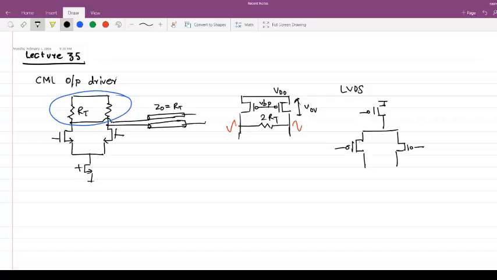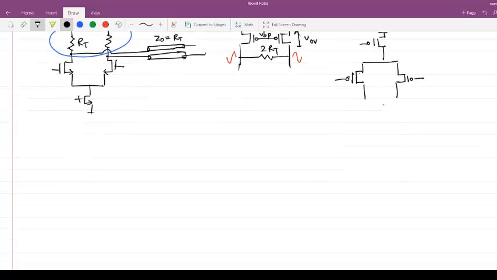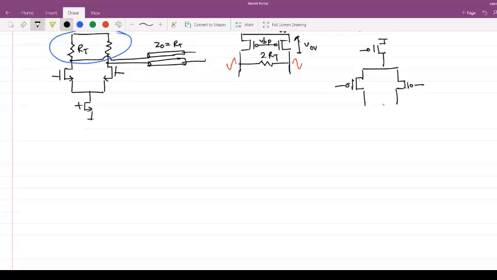Okay, now the case we have seen is with a single-ended termination on both the load and the source side. The other case is where I have differential signaling, which has its own benefits.